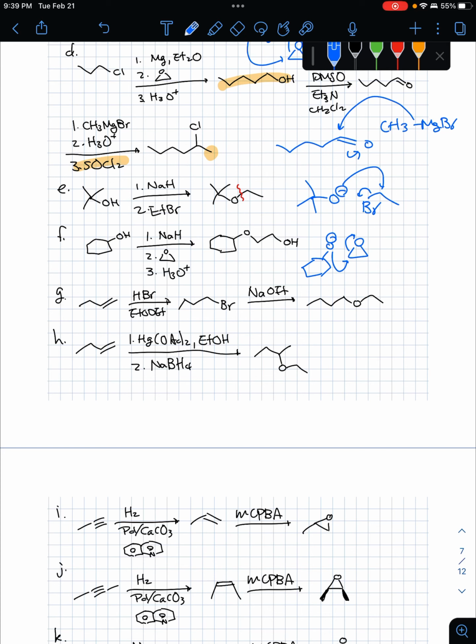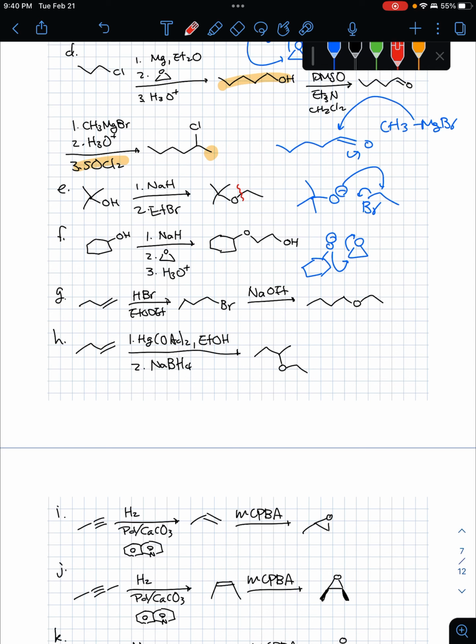And then G here is, again, an ether. We were thinking about Williamson ether synthesis. And to do that, we can again dissect this at a couple of different points, but only one of them would be feasible, right?